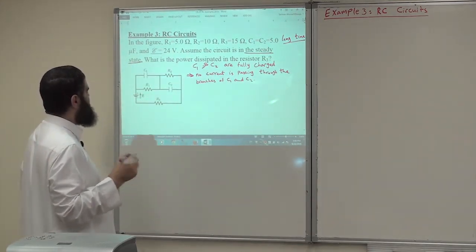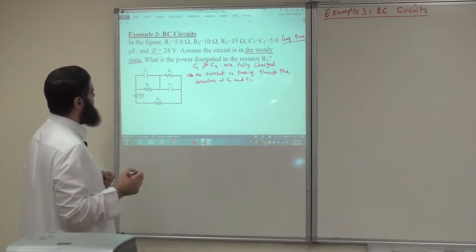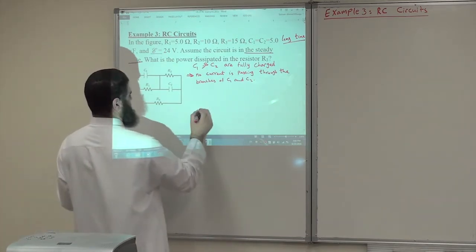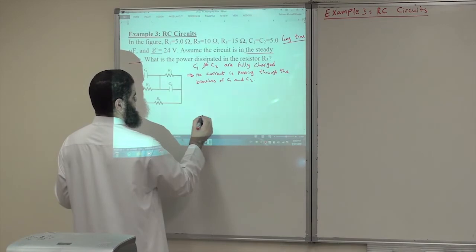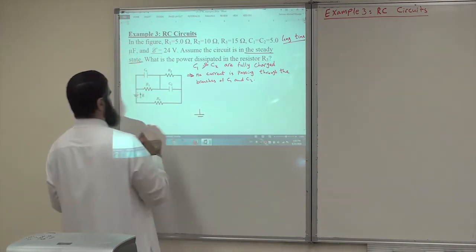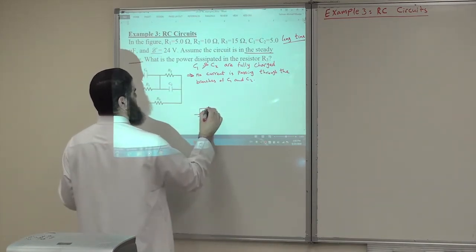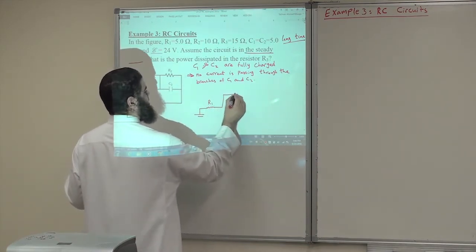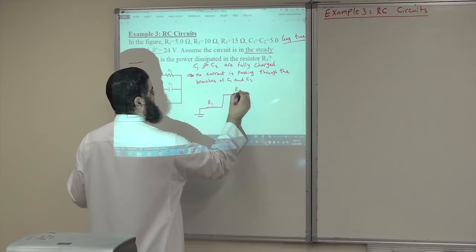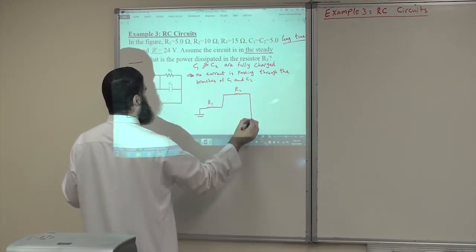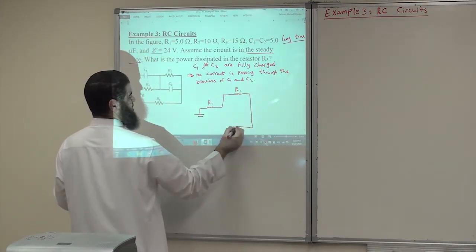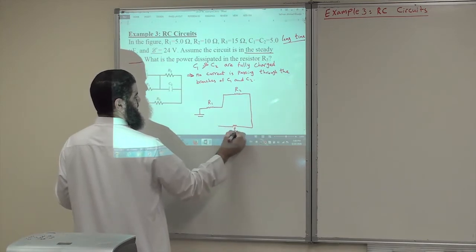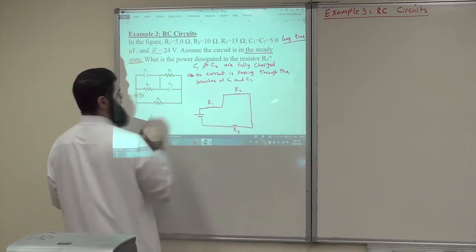What does it mean? It means we will consider our circuit to be as follows. So this is my EMF. Okay, this is R1, and that is R2. And here we have R3, and that's it.